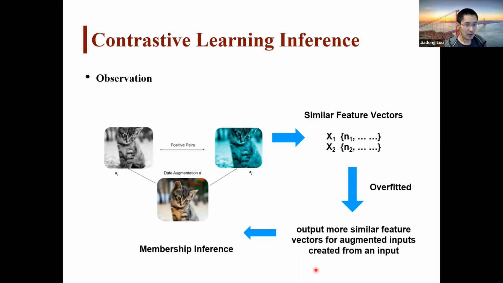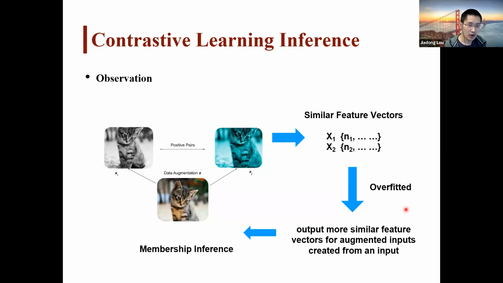And then I'll talk about the motivation for how to do contrastive learning membership inference. We can observe from the whole process of contrastive learning that this algorithm tries to pre-train an encoder that outputs very similar feature vectors for two augmented inputs created from the same one. So when this encoder is overfitted to its pre-training data set, the encoder may output more similar feature vectors for the augmented inputs from the same one.